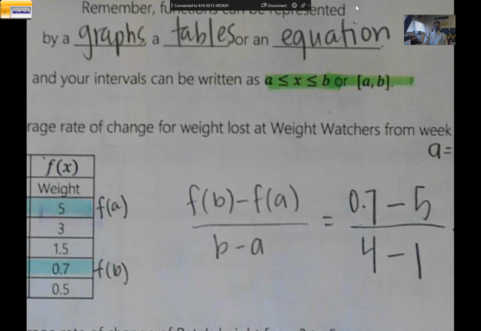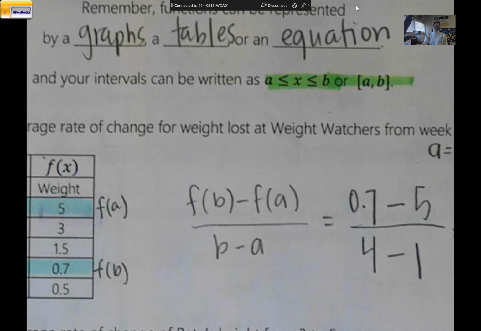So remember, functions can be represented by graphs, tables, or an equation. So we just looked at a graph. Our first example of average rate of change was a graph. The next two that we're going to do are tables, and then the last one on this page is an equation.